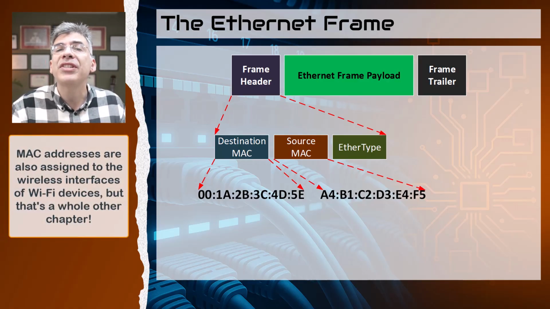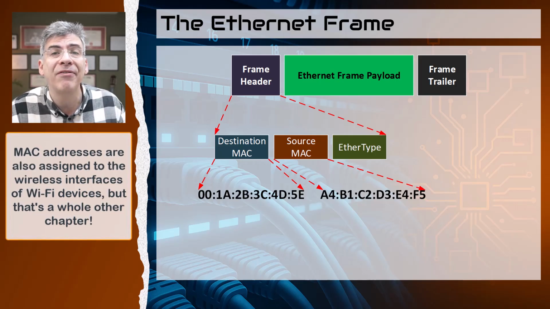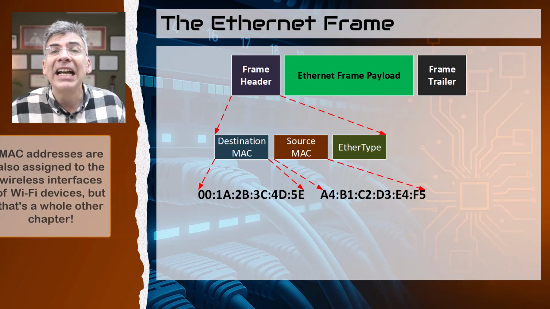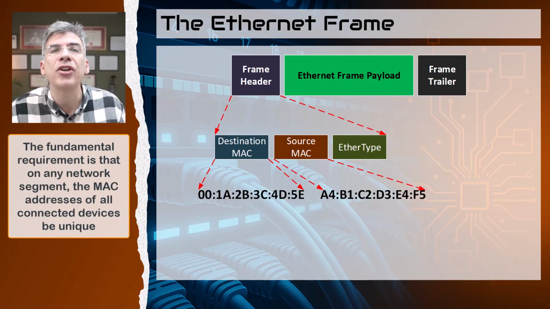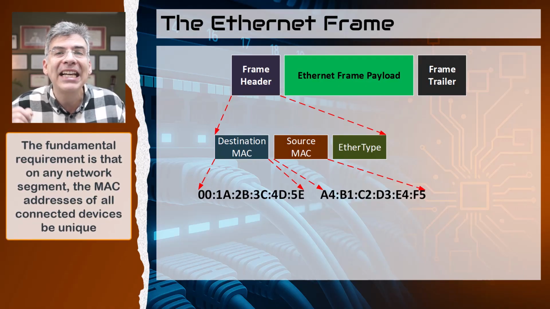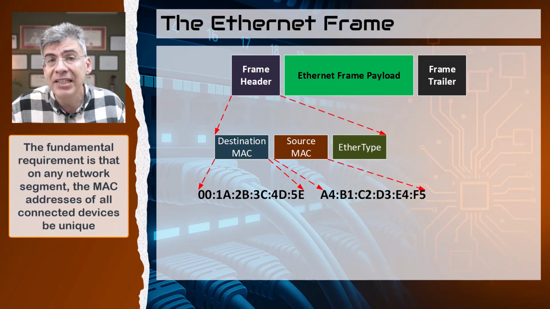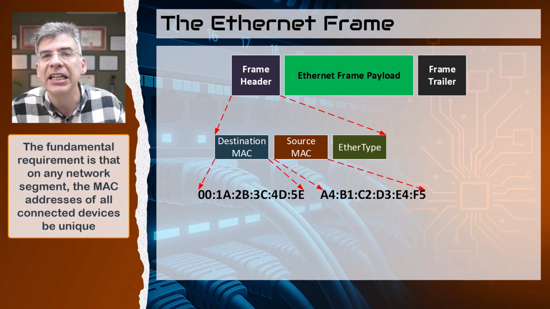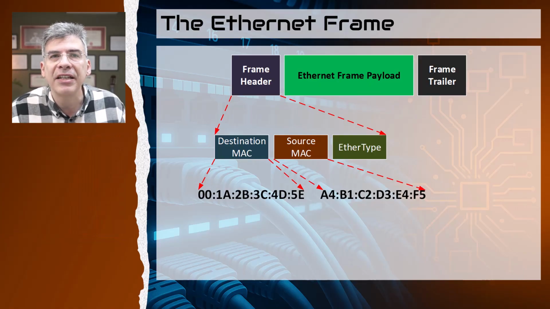These are also assigned to wireless devices that use Wi-Fi as well, but that's a whole different chapter. The idea here is that these MAC addresses are unique on a network segment, and they uniquely identify any connected network device on a segment.